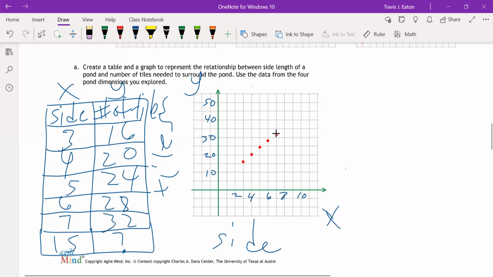Let's see, I'll start here, I guess. And we'll go, no, that didn't work out. A little bit off. Try that again. And that looks pretty good there.